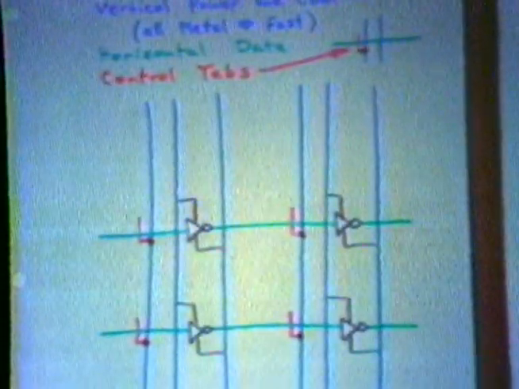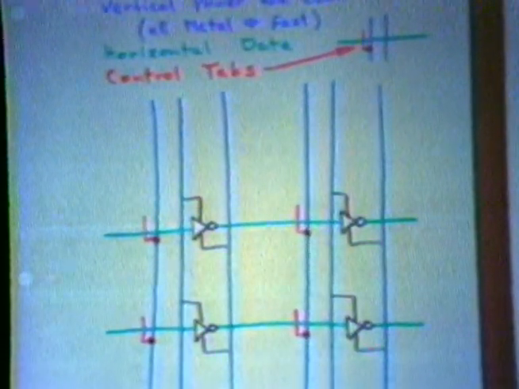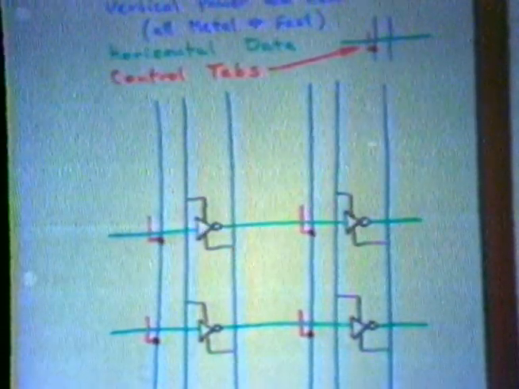Now let's go to another alternative way of building that same array, just to show you that these things are not all predetermined. In this case, I've kept the horizontal flow of data on green wires, but I've put both the power and the control lines, the clock lines, on vertical lines, which in this case are blue.